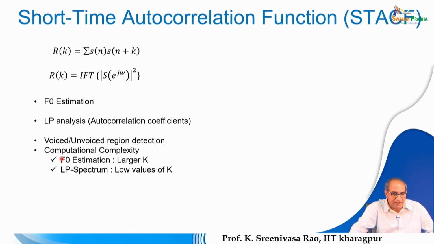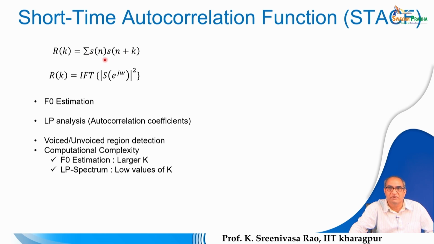But the computational complexity involved with the autocorrelation function is slightly higher. If you see the formulation here, for computing one autocorrelation value, r of k, for k varying from 0 to a given range, we need to perform n multiplications.